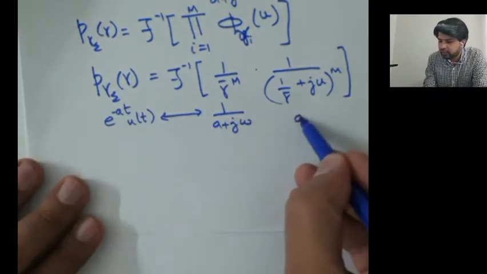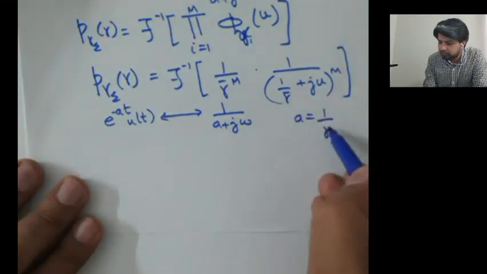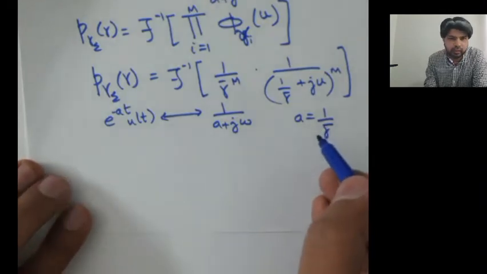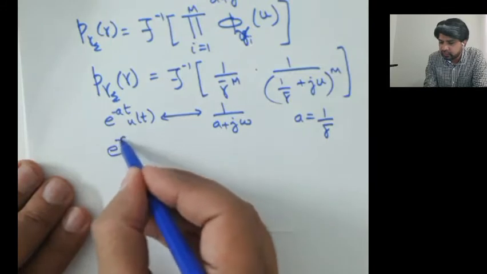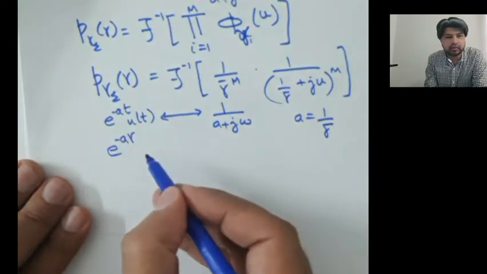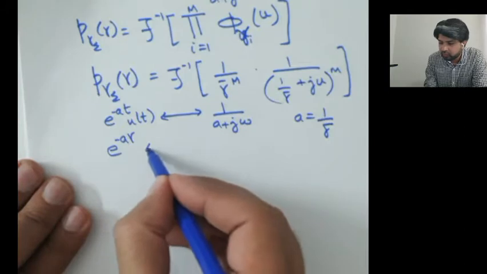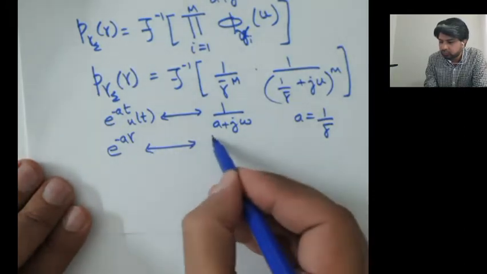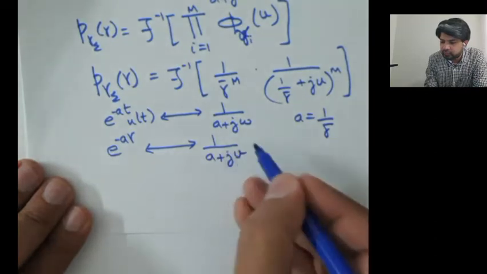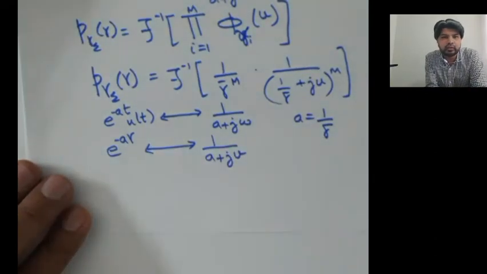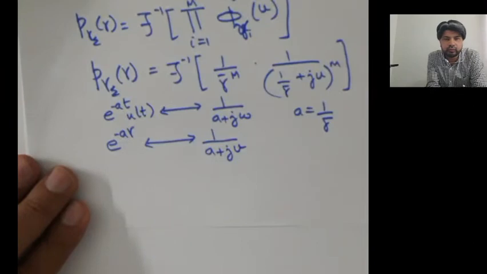Let a equal 1 over gamma bar, and let me replace t by gamma, so that e to the power minus a gamma for gamma greater than or equal to 0 has a Fourier transform of 1 over a plus jv, where v is the frequency parameter we are using for the PDFs.